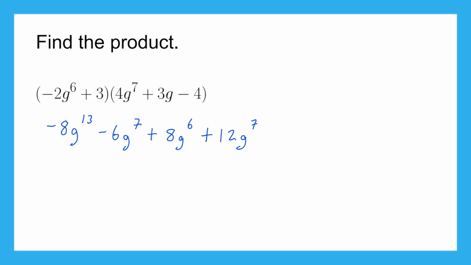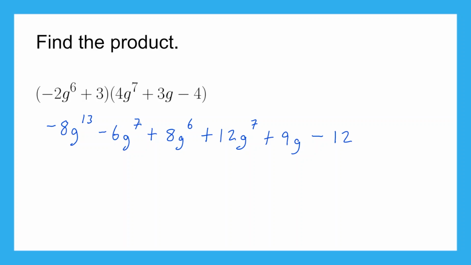Okay, good. Now we need to do 3 times 3g. Well, that's going to be 9g. So plus 9g. And lastly, we have 3 times negative 4. And then we need to make sure to combine like terms. So 3 times negative 4 is negative 12. Now, do we have any terms that have the same variable and the same exponent?